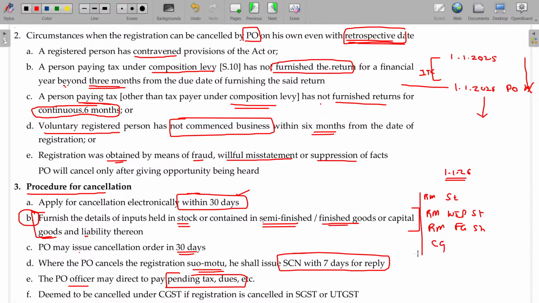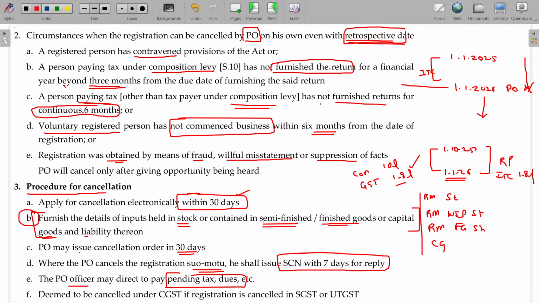Clear? Why? For example, from 1/10/25 to this date, you purchased 10 lakhs rupees worth of goods where GST paid was 1.8 lakhs. If you are the registered person in this period, you will be getting ITC of how much? 1.8 lakhs you get.